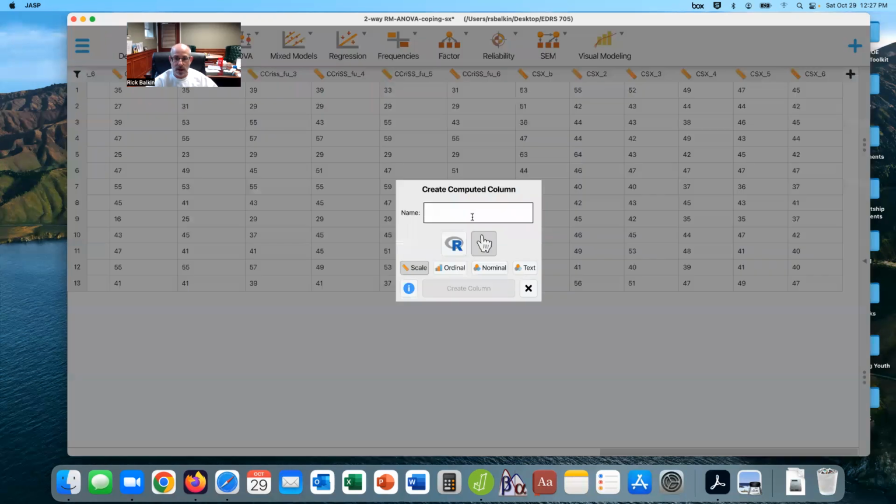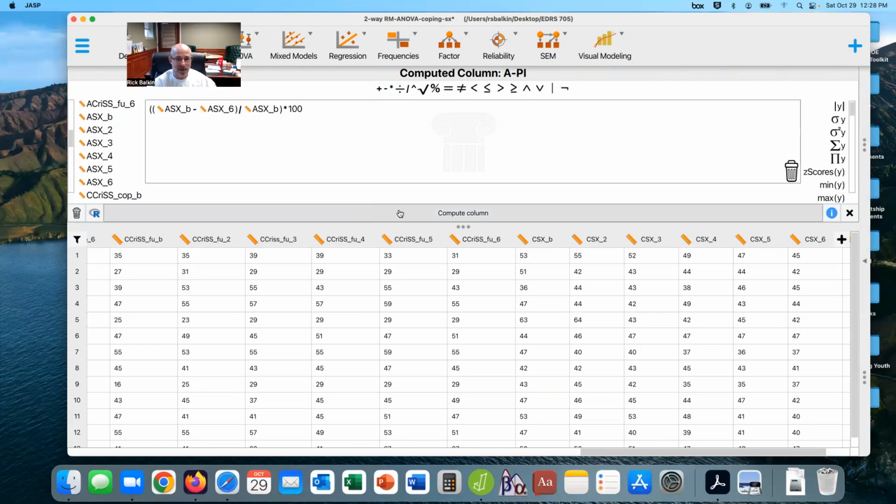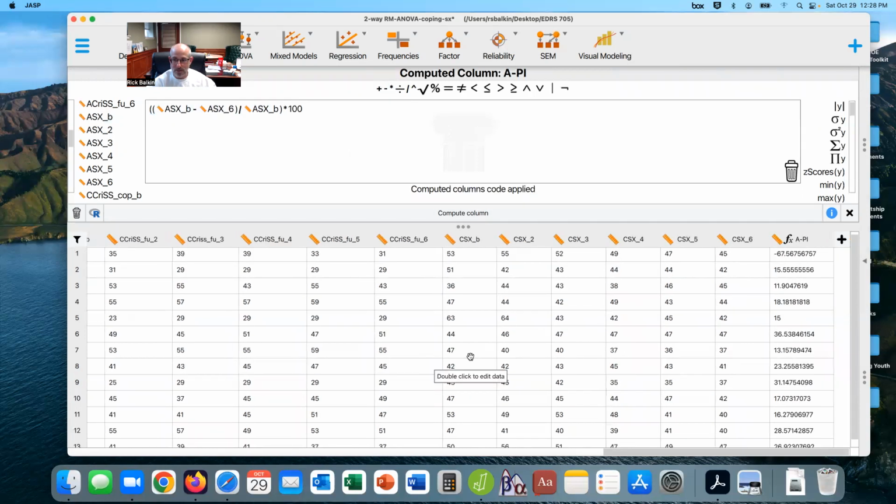So here I would just call this adolescent percent improvement, and I'd create a column, and I would make that baseline minus week 6 divided by baseline, and I could multiply that by 100 to get the percent change. Just kind of an easy thing to do here. And I could compute that column, and we see that added right here.